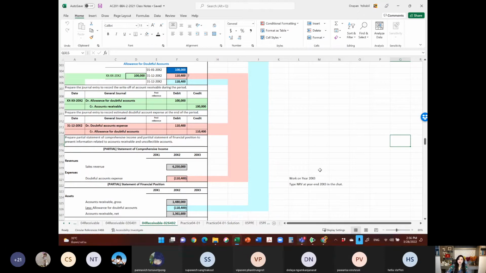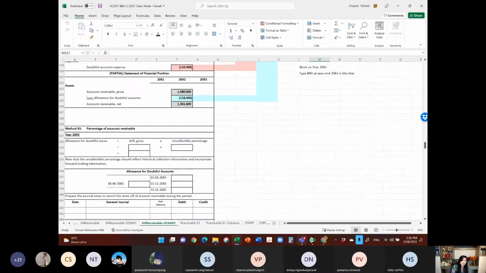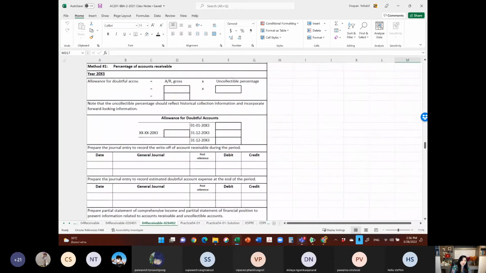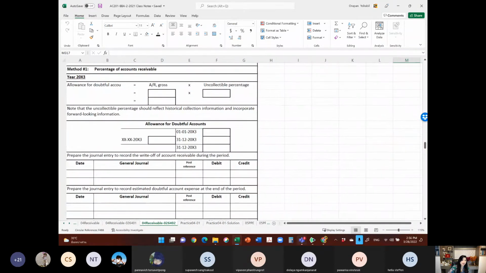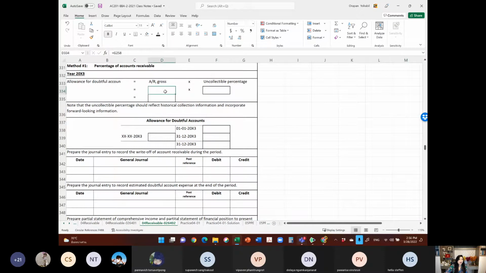All right, so some of you have put in the answer already. So let me show you the calculation on the screen for year number 3. From the information given, you know that the accounts receivable at the end of year 3 is 1,525,000. And again, you estimated that 8% of this will be uncollectible.